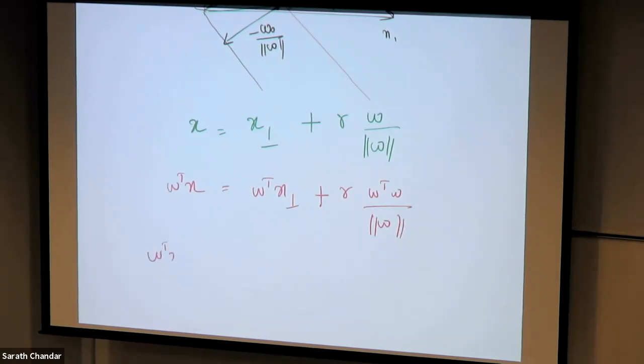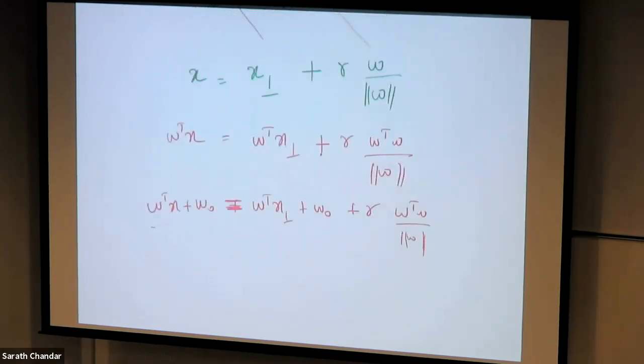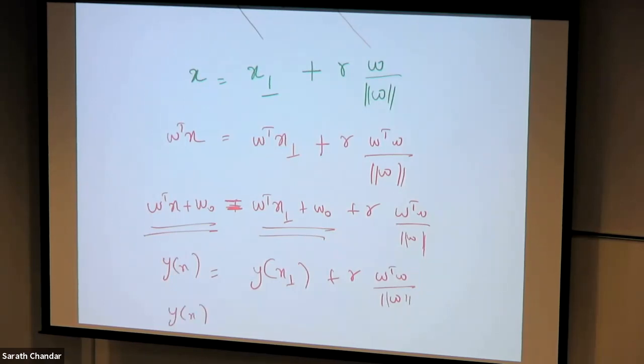So this becomes W transpose X plus W0 is equal to W transpose X perpendicular plus W0 plus r times W transpose W by norm of W. Now you can realize that this is nothing but y of X is equal to y of X perpendicular plus r times W transpose W by norm of W, right? So y of X is some number. We don't know what that number is, but we know what is y of X perpendicular. So what is y of X perpendicular?